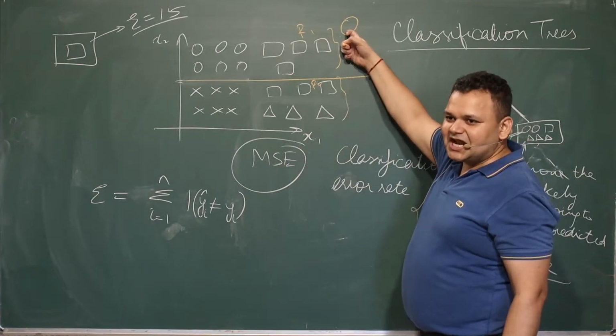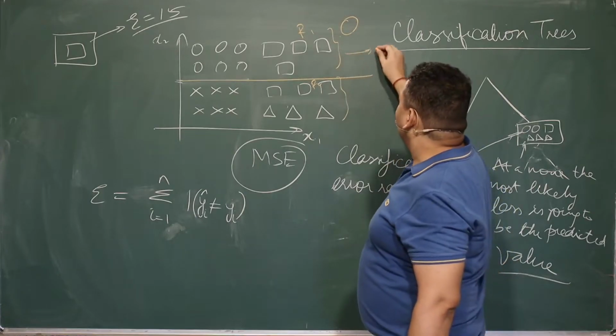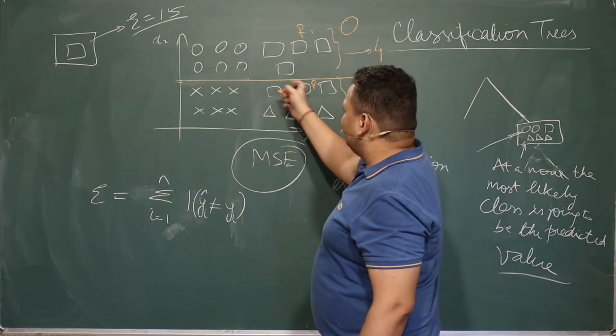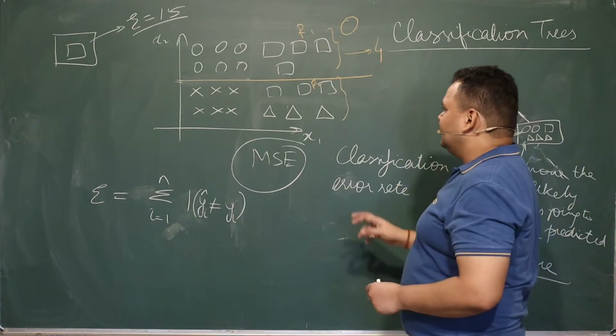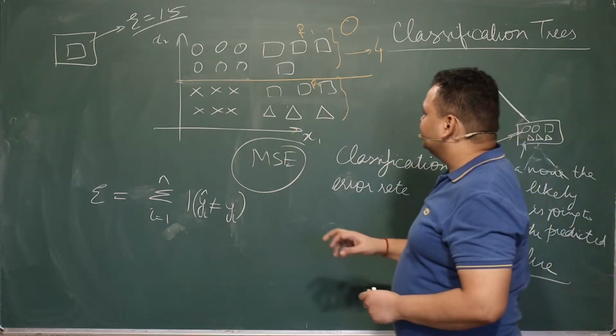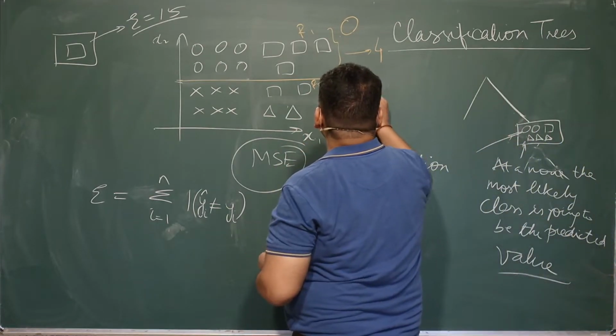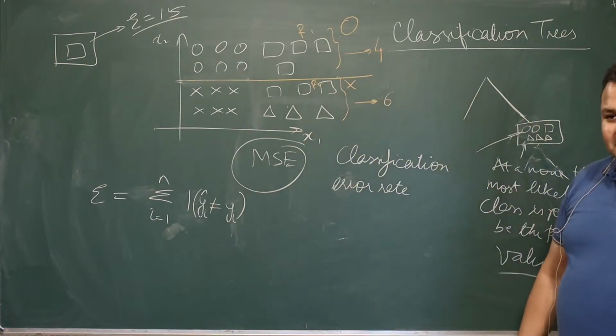So we are going to predict a circle. And what is the error going to be in this case? Training error? 4. Okay, what about this side? Cross. इस साइड में क्या है? Cross will be the prediction and 6 is going to be my error.